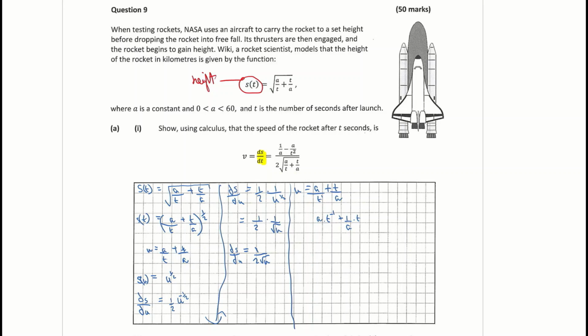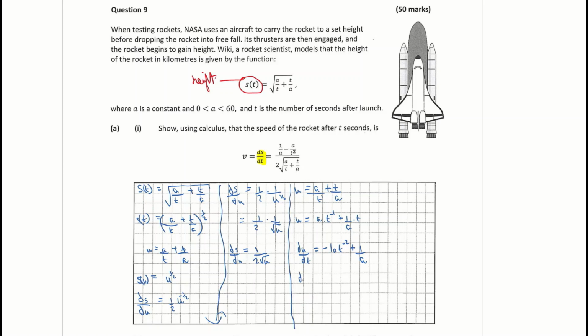I'm differentiating the t. So now if I differentiate this, I have du/dt equals minus 1a times t to the power of -2 when I take away the 1 from the power. And then when I differentiate 1 over a times t, that just gives me plus 1 over a, because the t is to the power of 1 and reduce 1 from it, it becomes t to the power of 0.